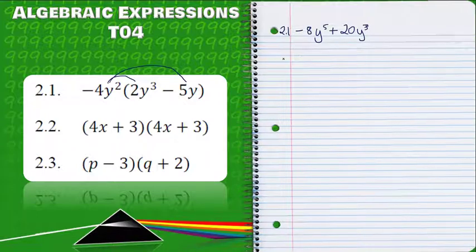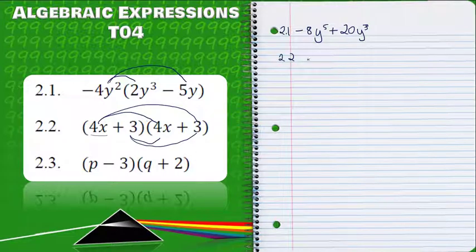Alright, for question 2.2, we have two brackets, and in this case we need to use FOIL, where I like to think about it as focusing on the first term in the first bracket and then multiplying it with all the terms in the second bracket, and then I go over to the second term and do the same, multiply it with all of the terms in the second bracket. Alright, so we have 4x times 4x, that gives me 16x squared.